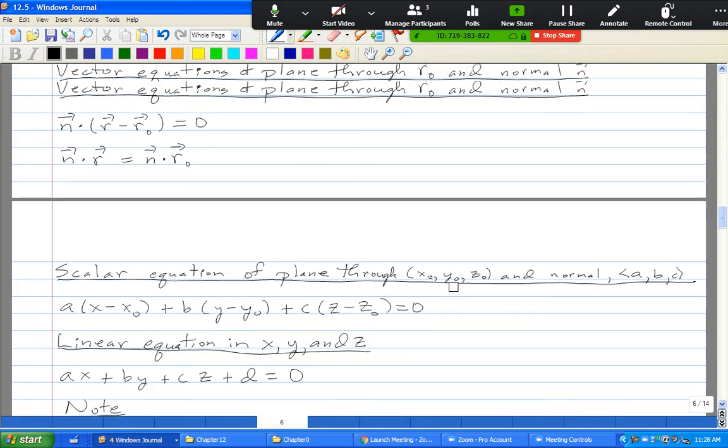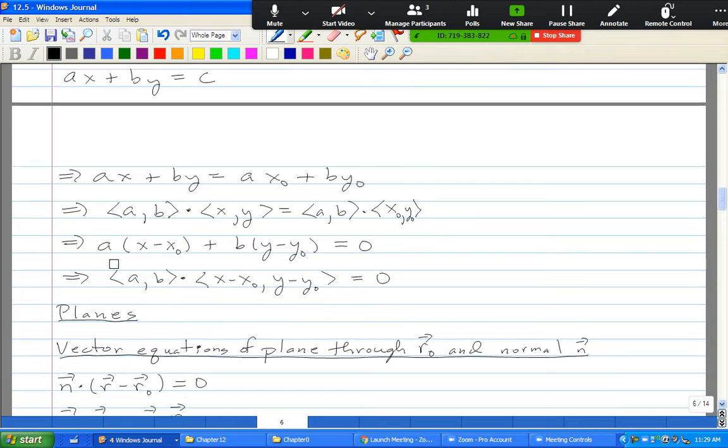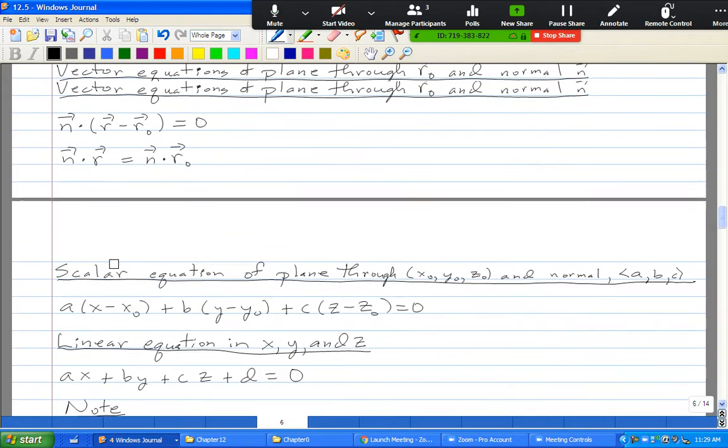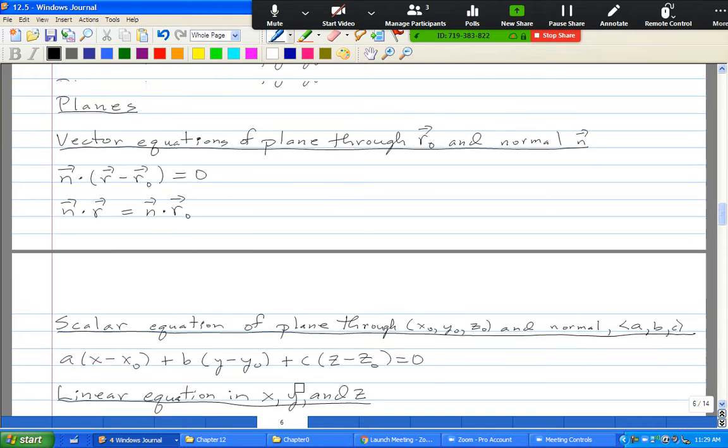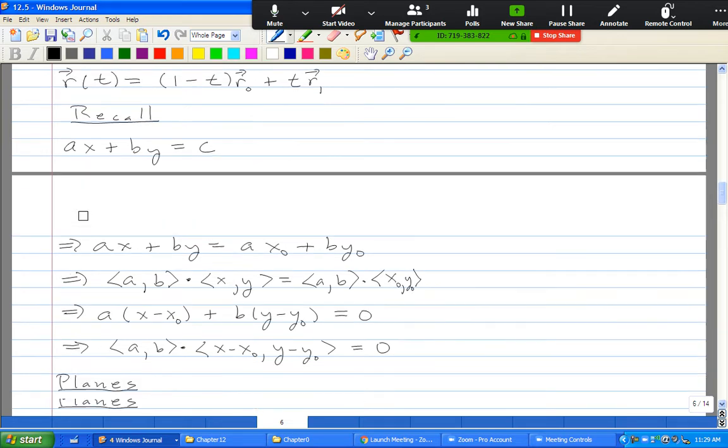So that's this equation here that you knew from before. The linear equation in x, y, z, ax plus by plus cz plus d equaling 0. That is the analogous equation to the standard form for the equation of a line.